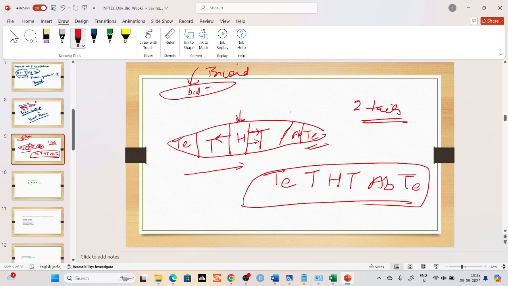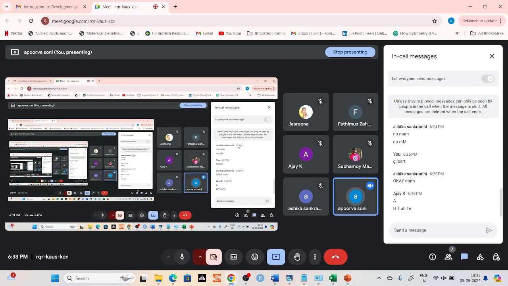In the normal case, gradient formation occurs in one direction. But here, since bicoid is added into the middle of the embryo, in both directions your gradient formation will take place, and in both directions your thorax would be formed. Okay, I hope it is clear to you.